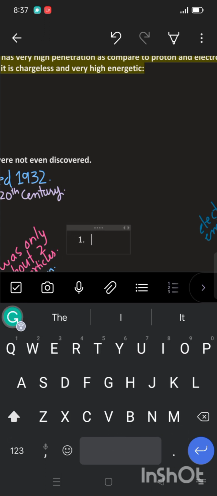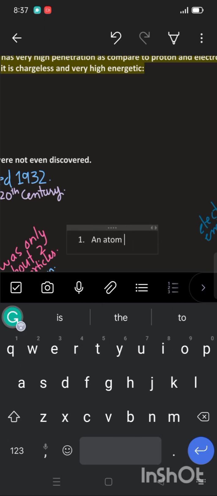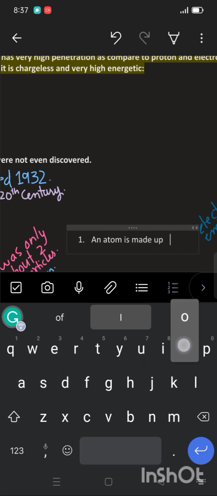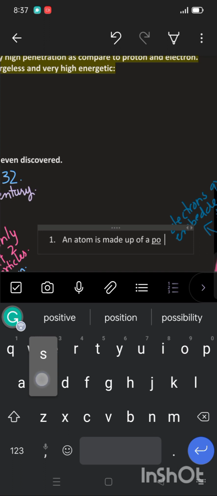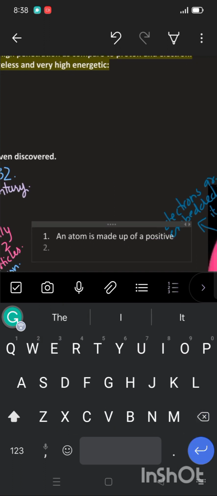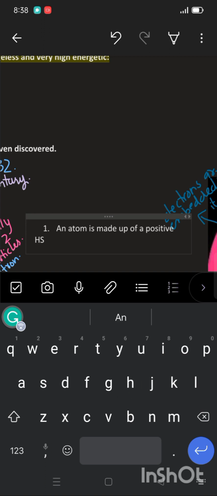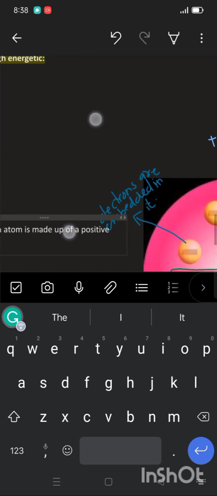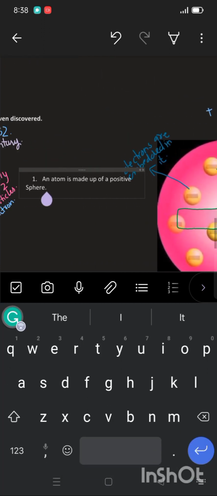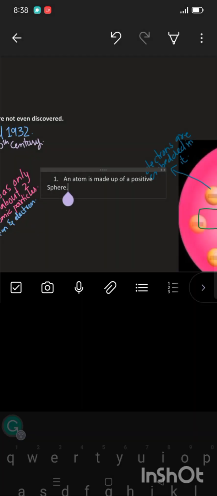First one, an atom is made up of a positive sphere. This was his very first point, as you can see, this whole, entire pink surface, right?